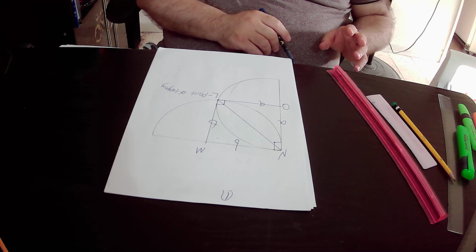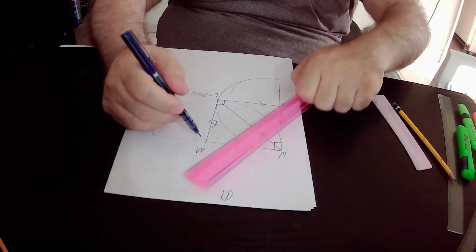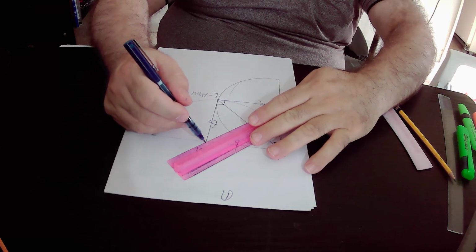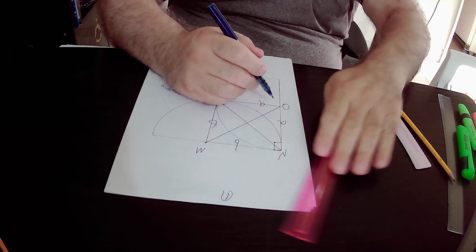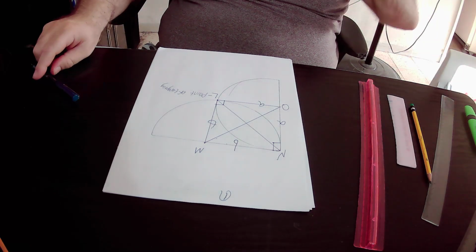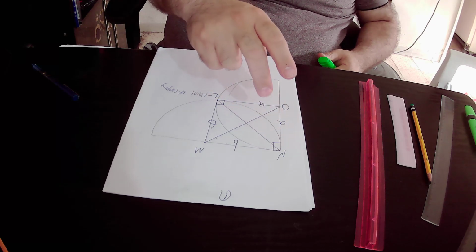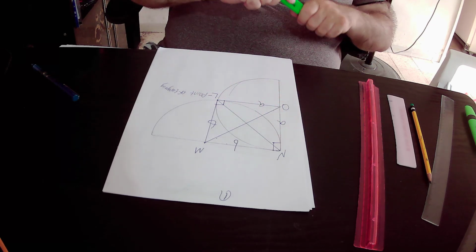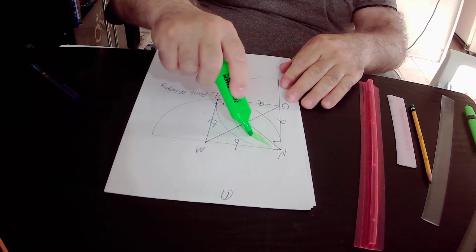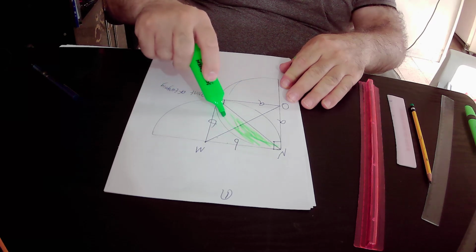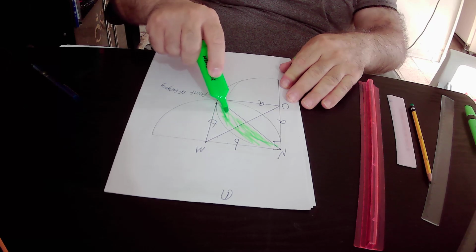Here we will join points M and O together by a straight line. As I already mentioned, the straight line NL divides this lens into two parts. The first part is the upper circular segment of this lens.